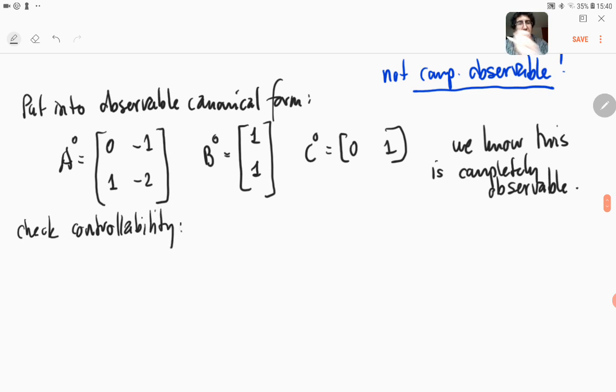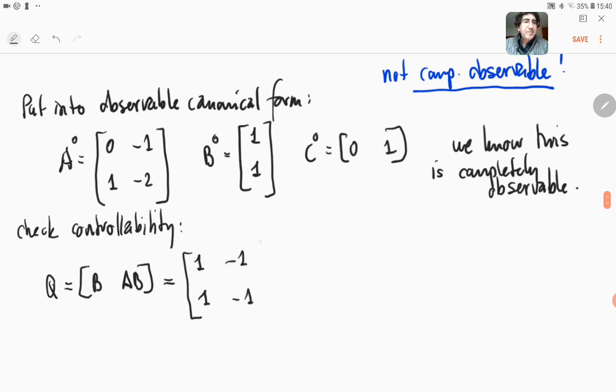Okay, so in order to do that, we construct the controllability matrix. This is given by B, AB. We know that B is given by 1 and 1. AB is given by -1 and -1.